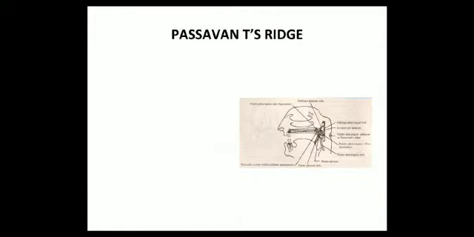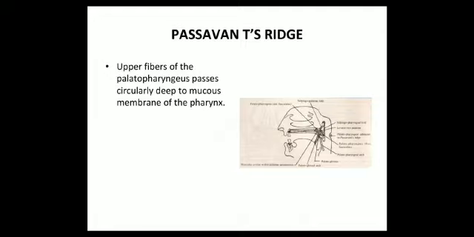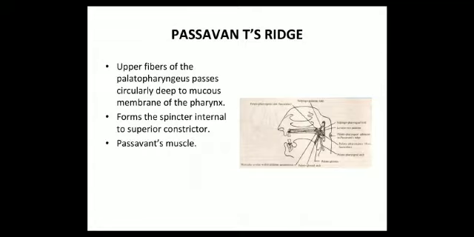The Passavant's ridge. The upper fibers of the palatopharyngeus pass circularly deep to the mucous membrane of the pharynx. It forms the sphincter internal to the superior constrictor and forms the Passavant's muscle. So, on contraction, it raises a ridge, that is the Passavant's ridge.